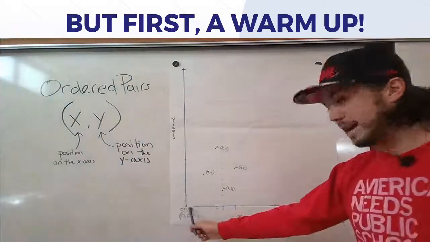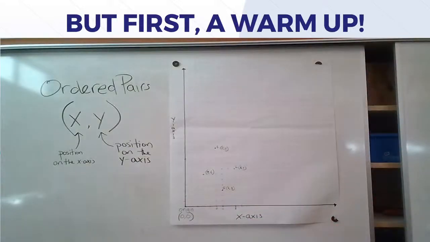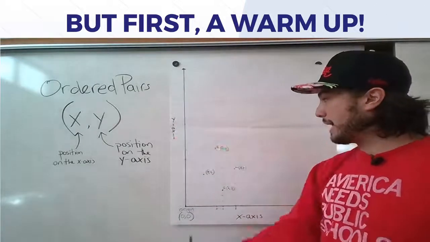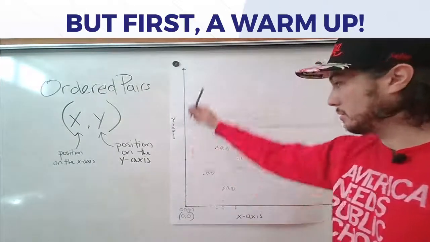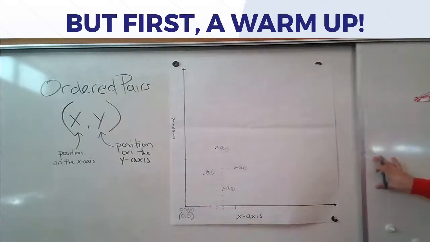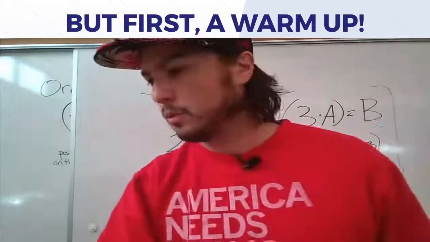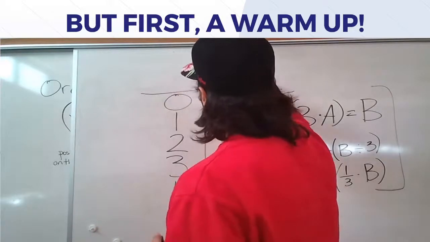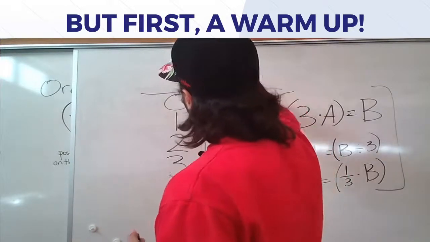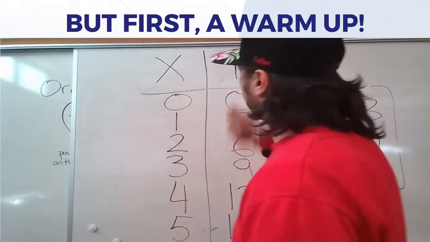And then our x-axis is this one down here going across. So we always go across first. And then our y-axis, our y value, is plotted on sort of the up and down. So if we go back to this data set, we might want to change these actually from A and B to X and Y.